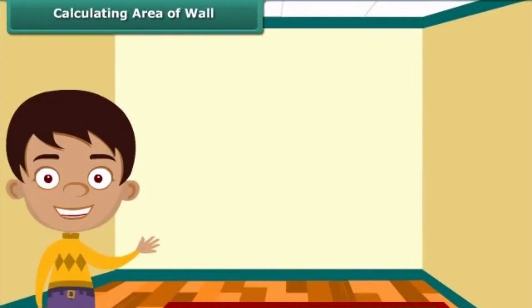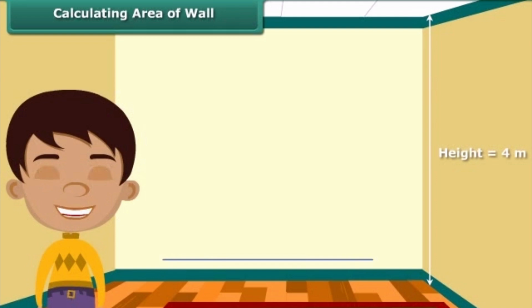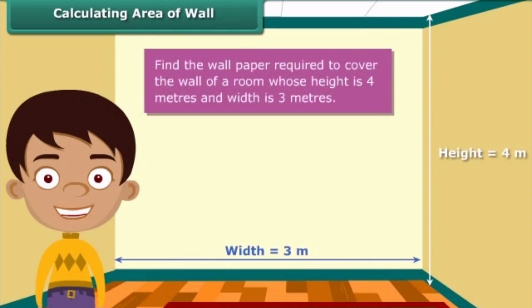Now that we know how to calculate area, let us solve a question based on the concept. Each wall of Nidhi's room is 4 meters high and 3 meters wide. She wants to cover one of the walls with wallpaper. She wants to know how many square meters of wallpaper will be required.